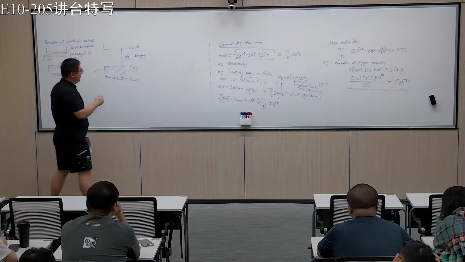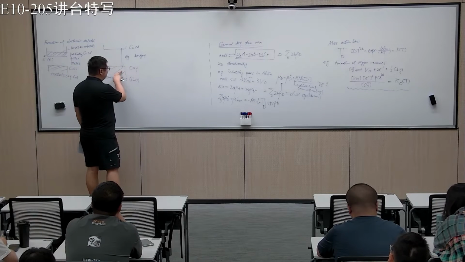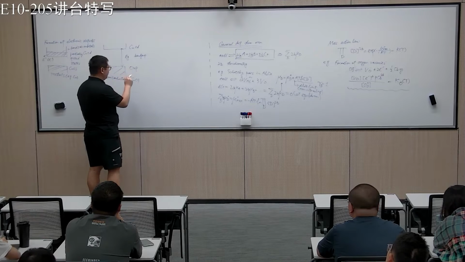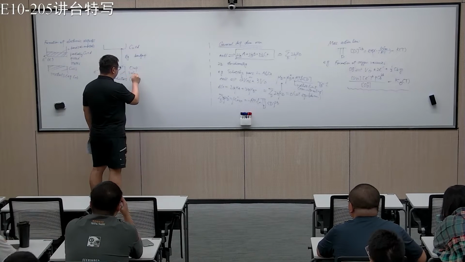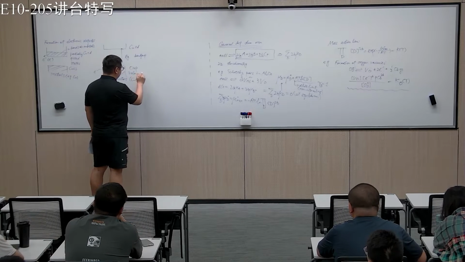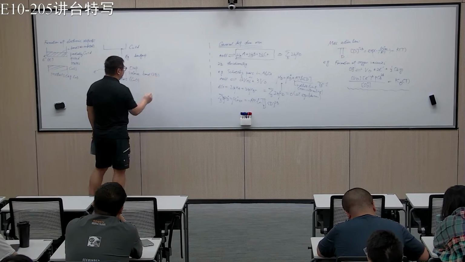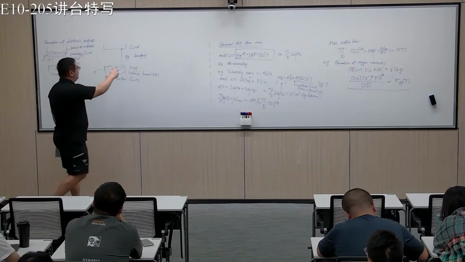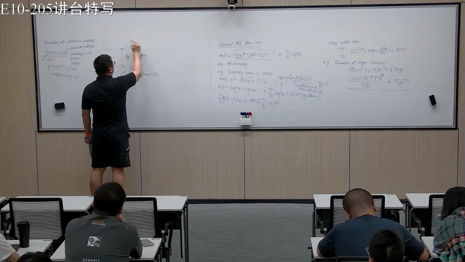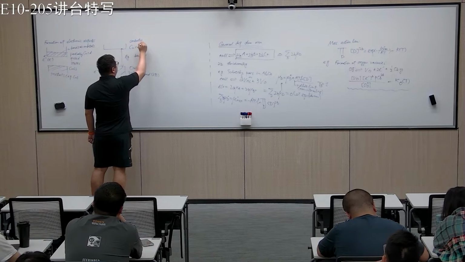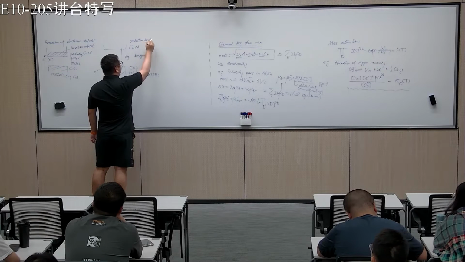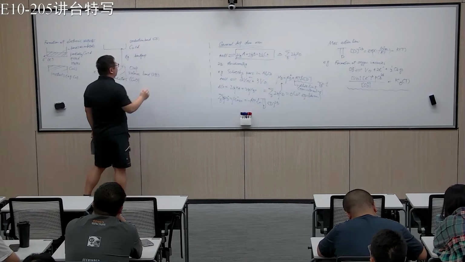This part, where all the electrons are filled, we call the valence band, or VB for short. Here we call it the conduction band, or CB. You'll know why in a minute.